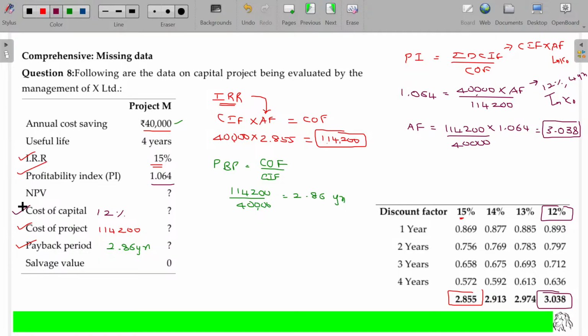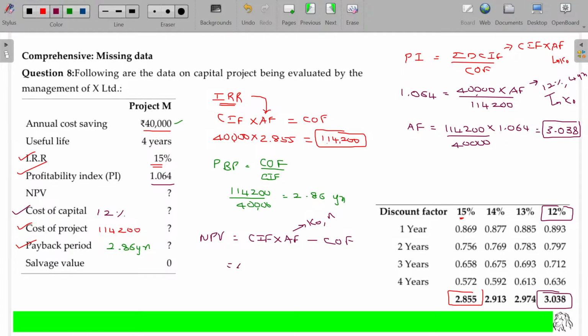Finally, NPV. NPV is equal to cash inflow into annuity factor minus cash outflow. The annuity factor is calculated at the rate of company's cost of capital for the life, in years.